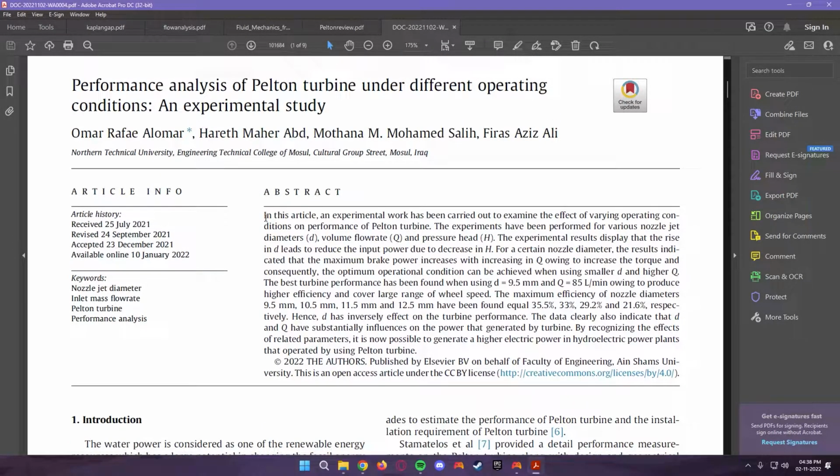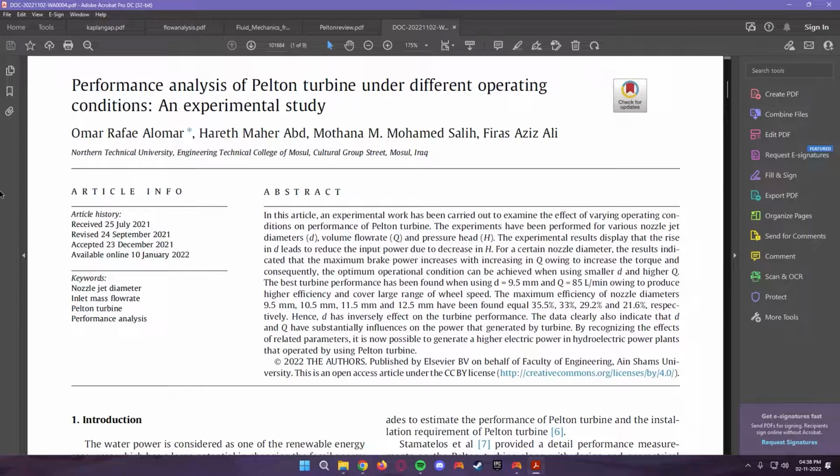Abstract. In this article, experimental work has been carried out to examine the effect of varying operating conditions on the performance of the Pelton turbine. The experiment has been performed for various nozzle jet diameters, volume flow rates, and pressure heads.